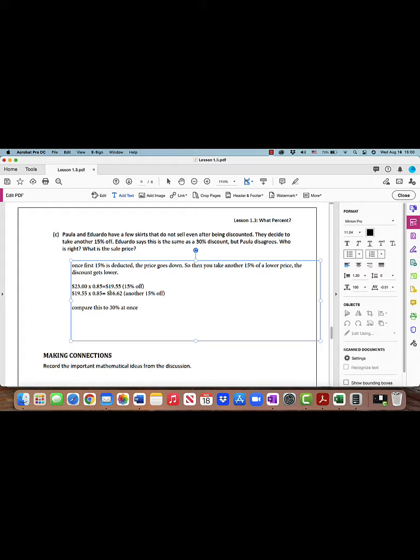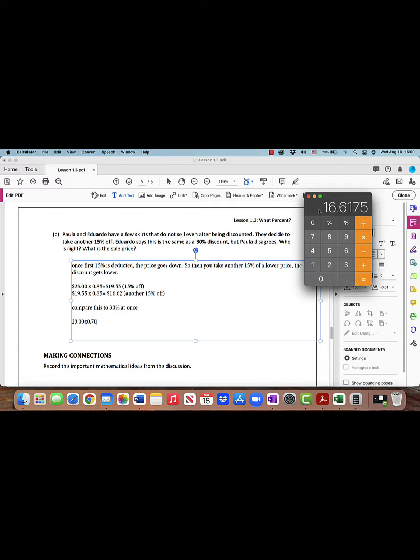So 30% off means 100 minus 30, which is 70% of the amount. So we're going to take $23 and multiply it by 70%. I'll write it as 0.70. You can write it as 0.7. It's just so you could see the percent built in there. So 0.70, 70% of the value.